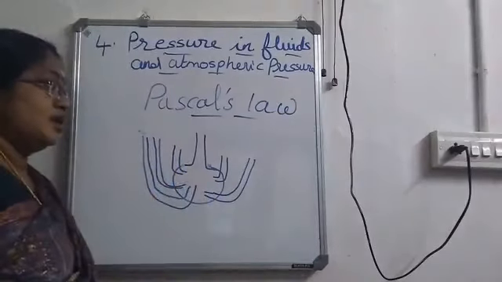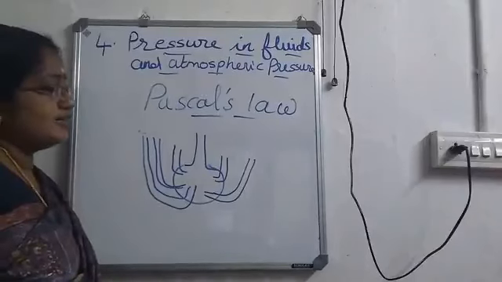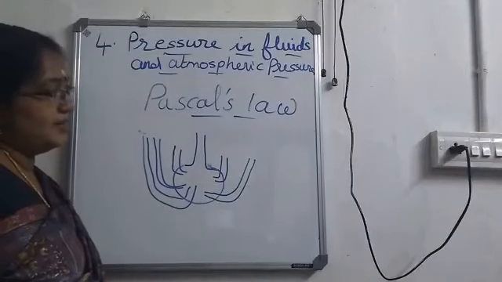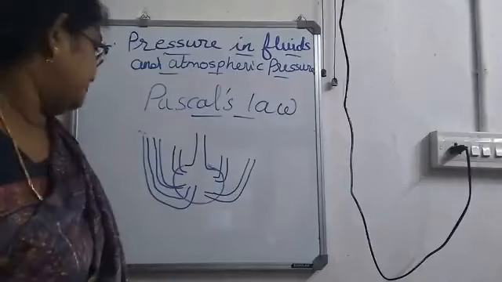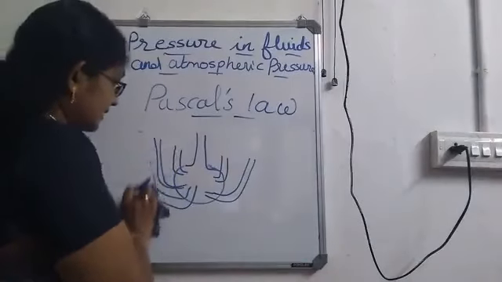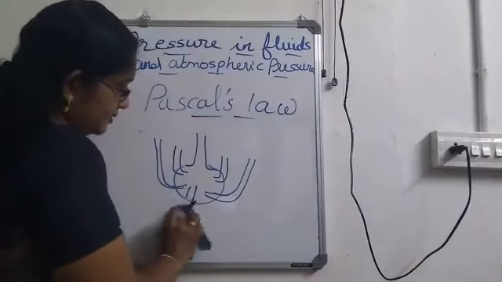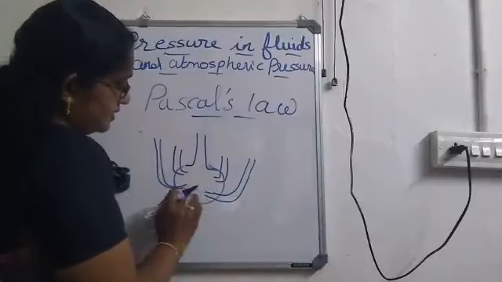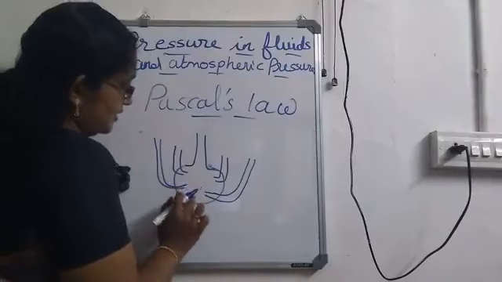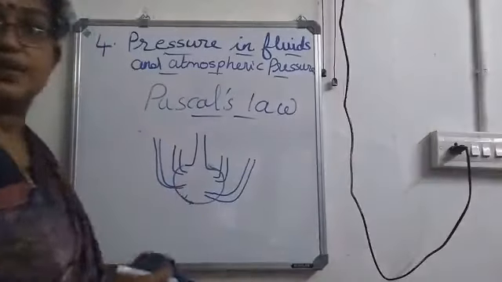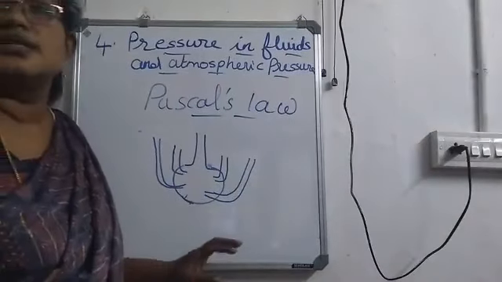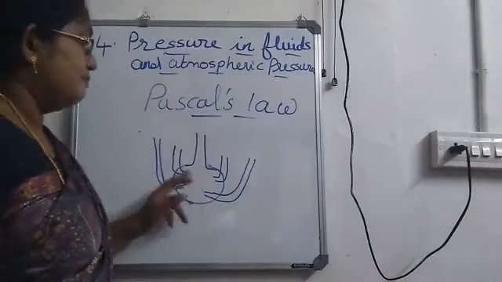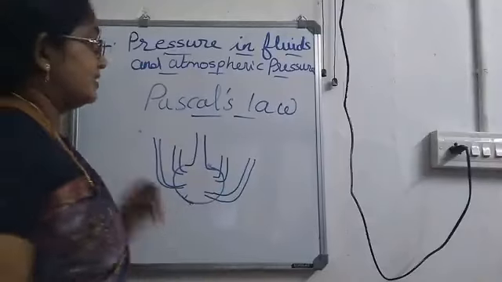Clear? We'll just stop with this many tubes, isn't it? If I draw many tubes, it will be difficult to understand. So this is a round bottom flask, with many tubes connected to it.